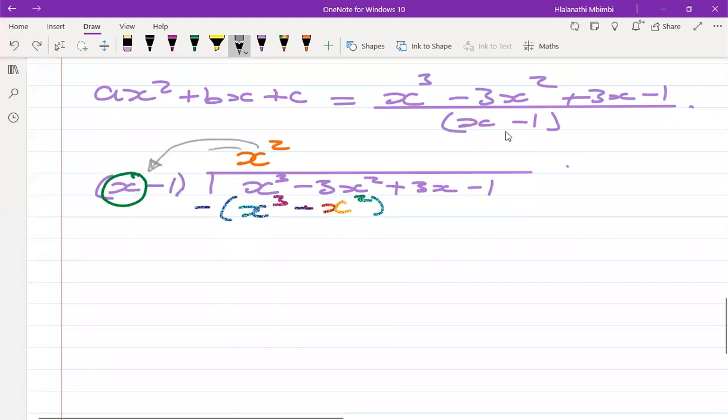You multiply it there and you multiply it here. Are we following, guys? So we times the x squared with the negative 1. Yes. Are we happy?